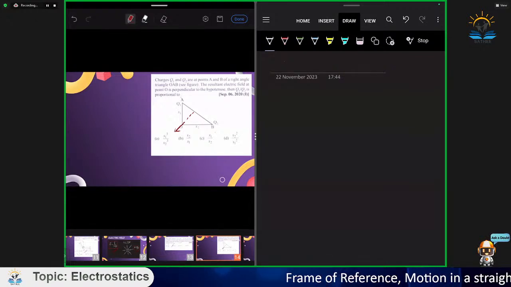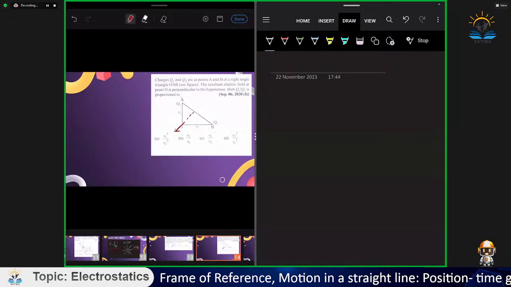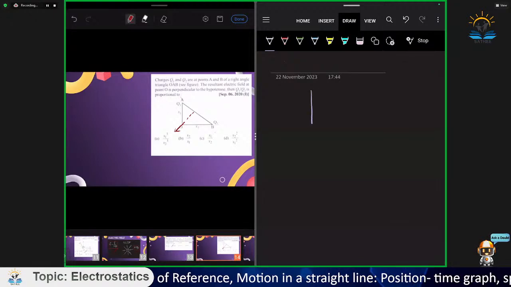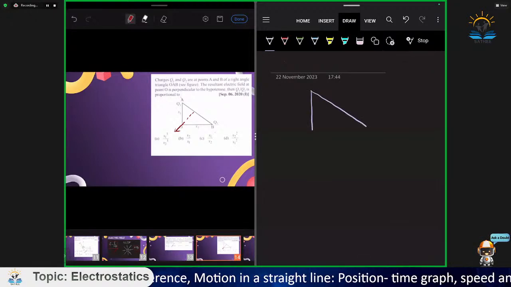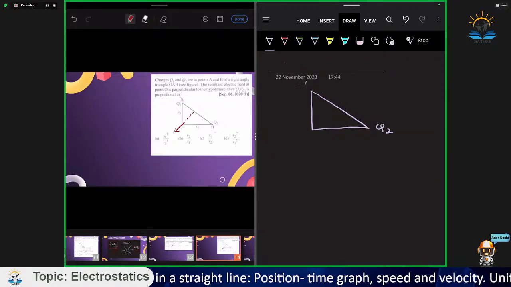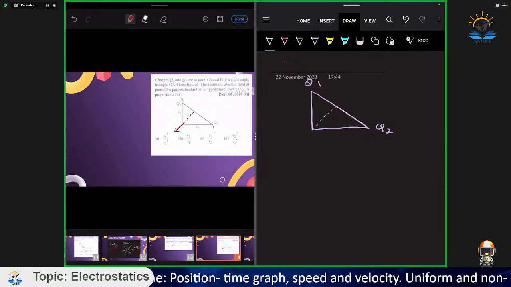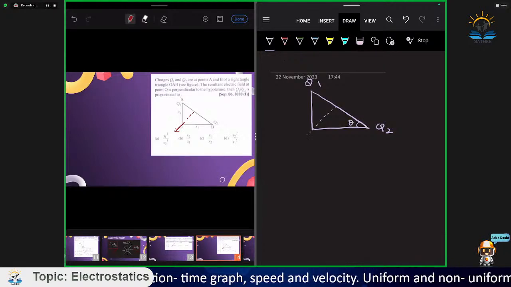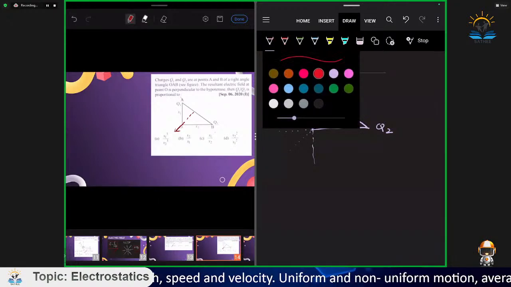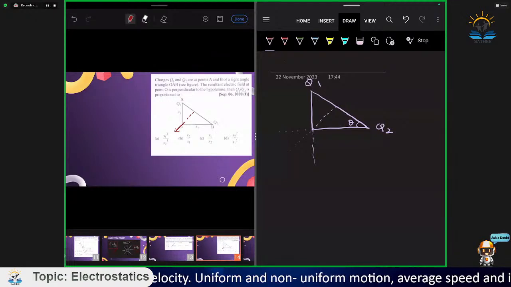Very simple question. Let me draw the diagram. We have Q2 here, we have Q1 here, and this is perpendicular to hypotenuse. So I am taking this angle as theta. This is a right angle triangle.